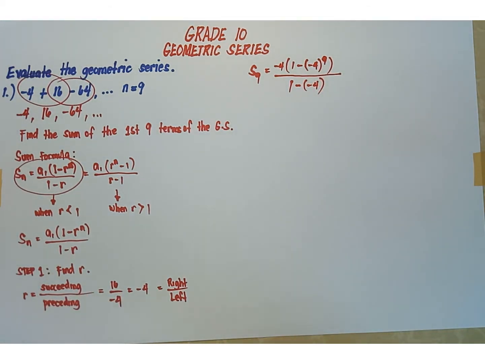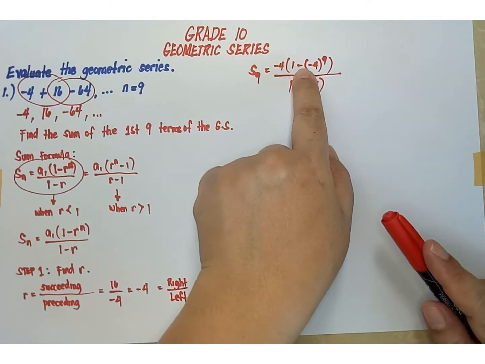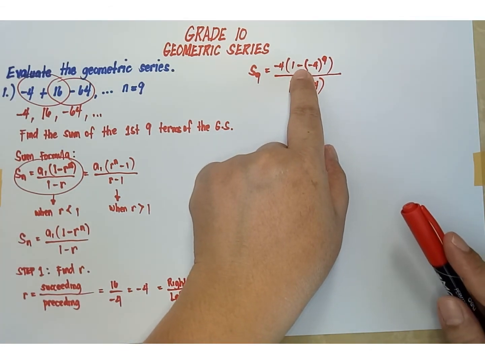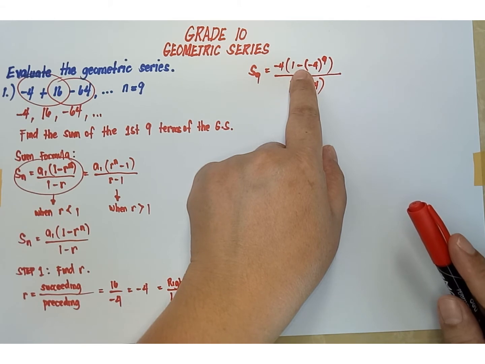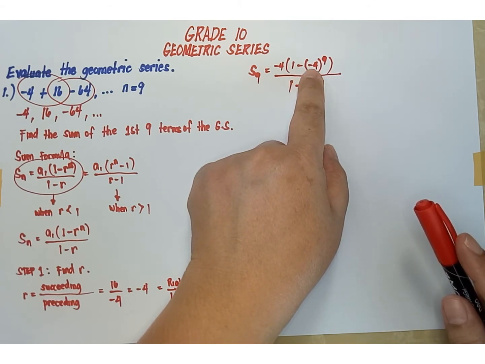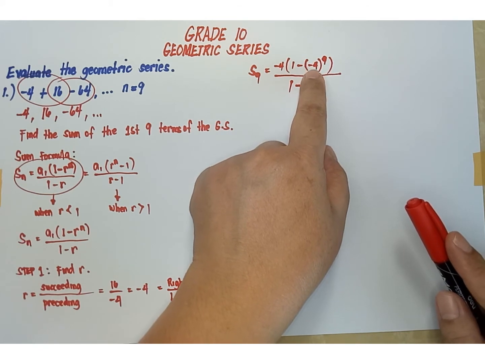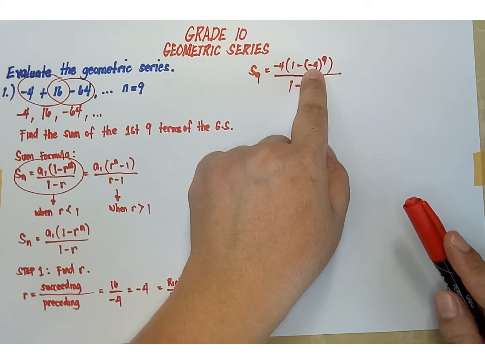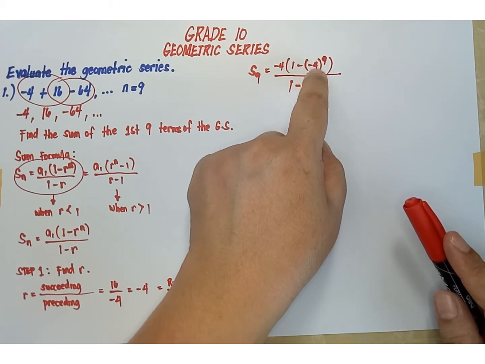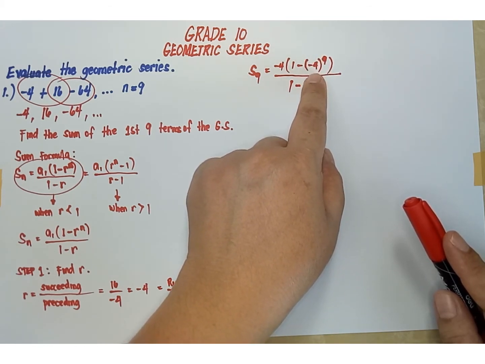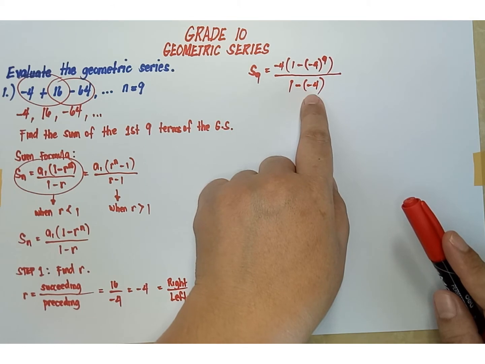Okay, so usual practice pag nagkakatabi ang operation na minus at yung sign ng kasunod niyang number o term, ini-enclose natin yung term, negative term or negative number with parenthesis to avoid confusion.